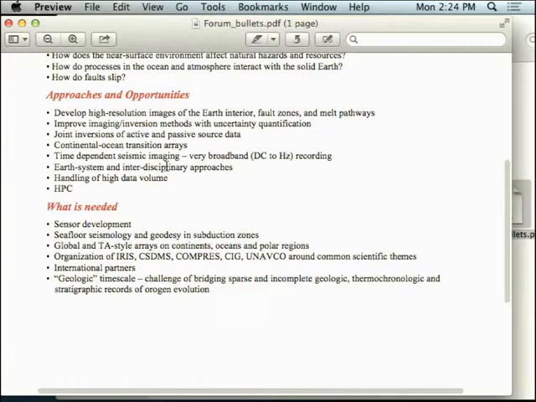I'm glad that Steve, I think it was, made the comment about hazards. A lot of us do work related to hazards in some aspects of our careers, but as a consortium, IRIS has been historically circumspect, let's say, in terms of really embracing the issue of seismological hazards as a core type of activity. And as everyone knows, this is not a problem that is going away. In fact, it's growing globally, and it's probably going to be of increasing interest in the U.S. funding community if trends continue.